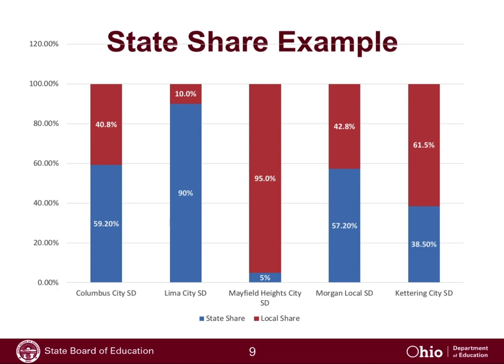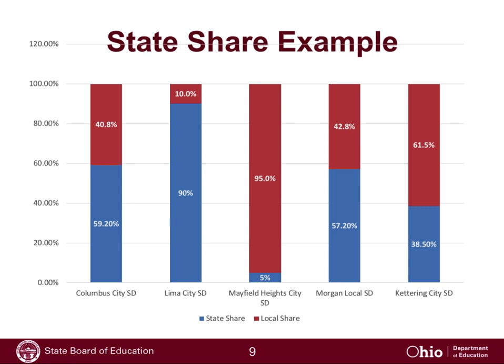Columbus City Schools, the first listed, has a state share of 59.2%, meaning that of a per pupil amount, $6,020 this year for the Opportunity Grant, we are providing them with 59.2% of that amount, and there is an implied local contribution of the difference, 40.8%.